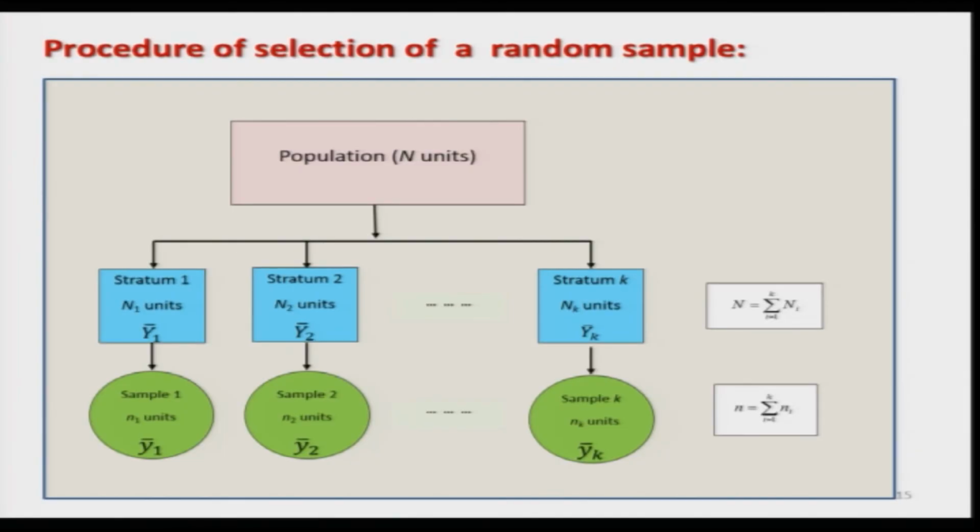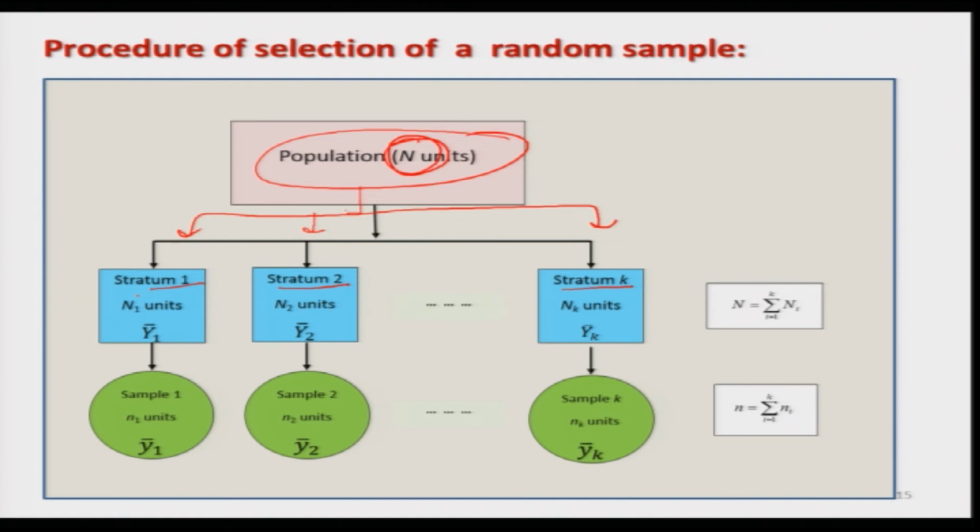These are the concepts. And now I would try to show you just graphically, very quickly, so that you can understand it. So I have taken here a population of size capital N units. I have divided it into different groups. Now I am calling them stratum number 1, stratum number 2, and say there are a small k number of strata. Since there are capital N units in the population, these strata will have different numbers of units.